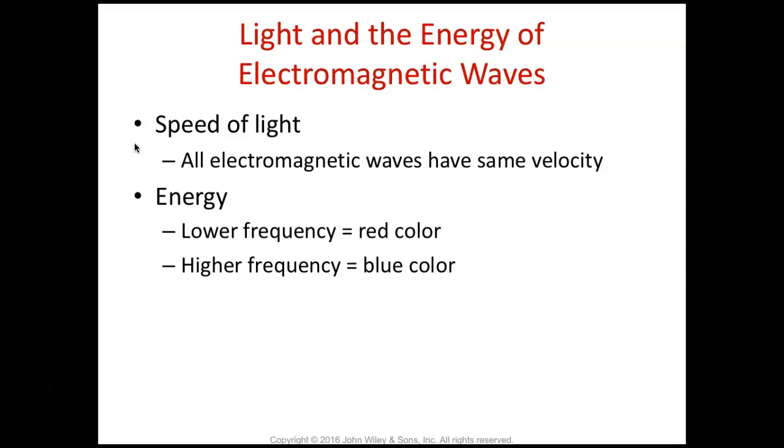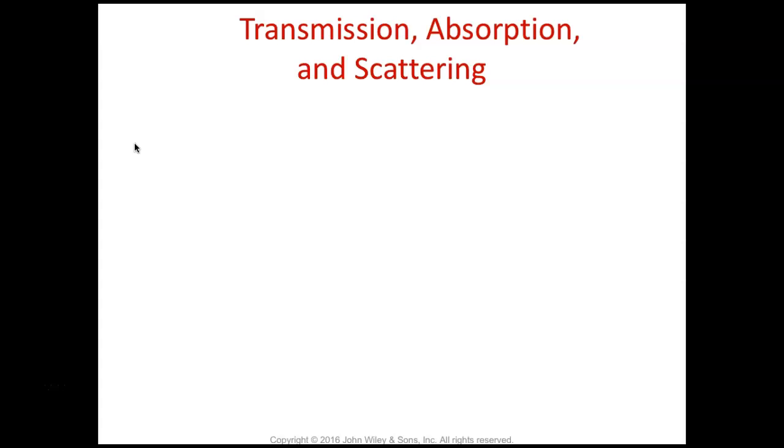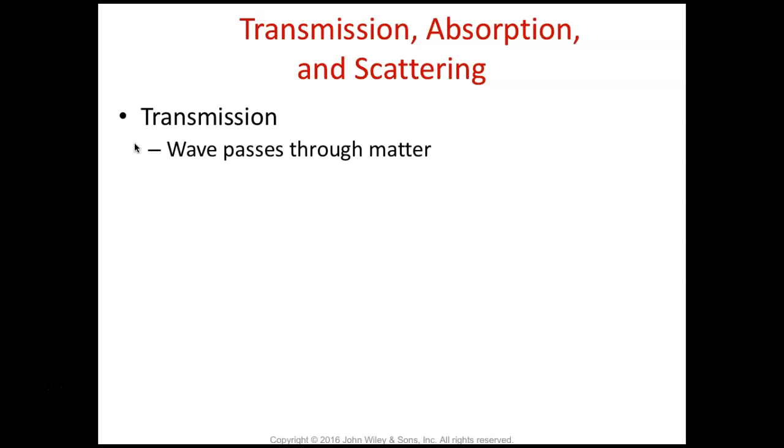You'll see that in a second when I describe the visible spectrum on the electromagnetic spectrum. But before we talk about the entire electromagnetic spectrum, let's talk a little bit about transmission, absorption, and scattering. And the best way to talk about that is to first start with transmission.